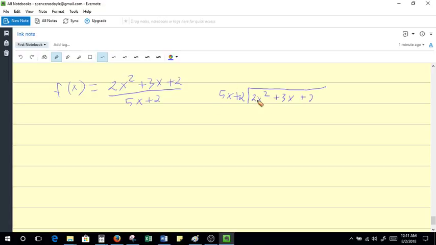We look at the highest powers, look at their terms. So to make 5x into 2x squared, we're going to do 2/5 x. And we multiply that through and subtract it, so 2x squared plus 4x over 5, and then plus 0 as a placeholder.